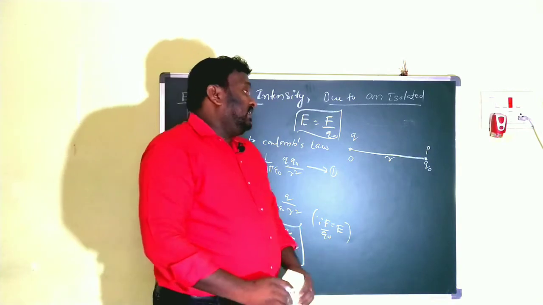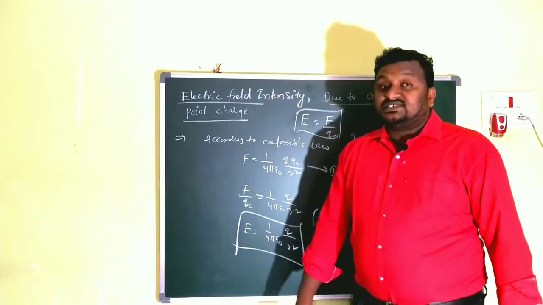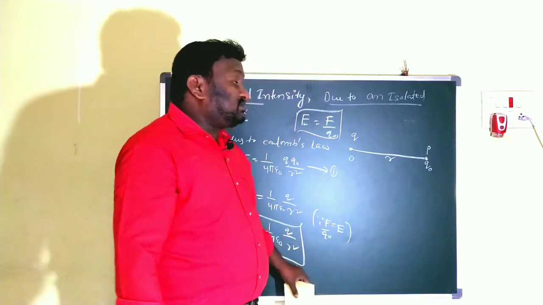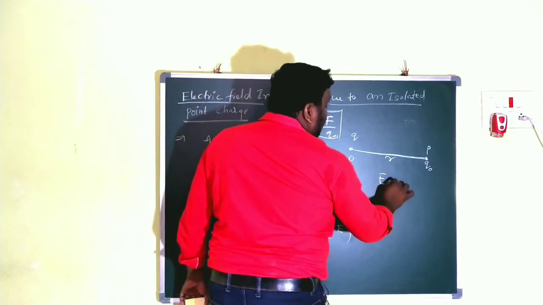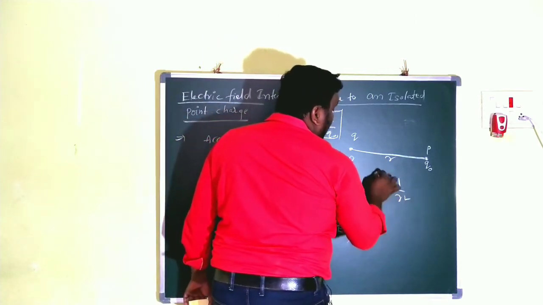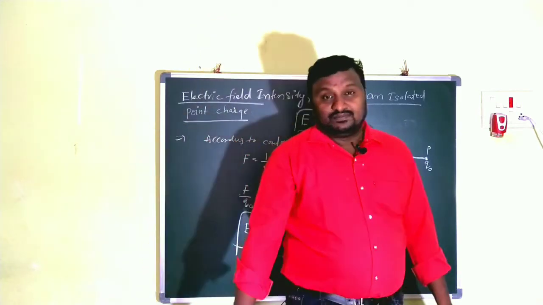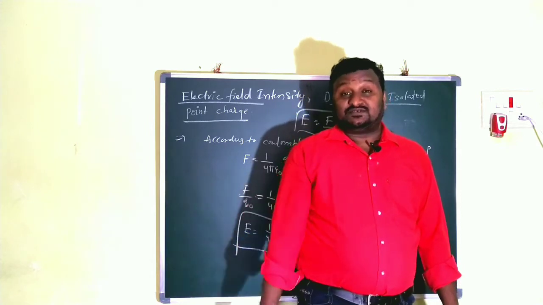Now here, Q is a constant amount of charge and 1 by 4 pi epsilon naught is also constant. In this case we can write E is proportional to 1 by R square. So this is the relation between the electric field intensity and distance.